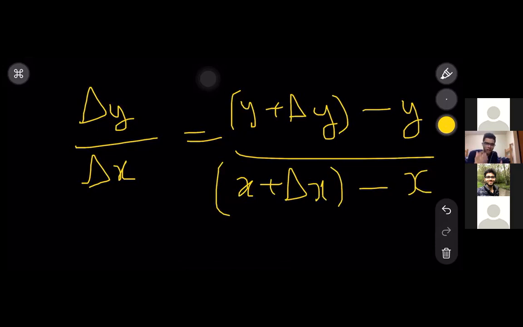Can anybody tell me how y is connected to x in this situation? I'm not randomly picking two situations and giving them names. There is some connection between the two variables. What is y? Very good. I got one answer in the chat, but I'll wait for some more.